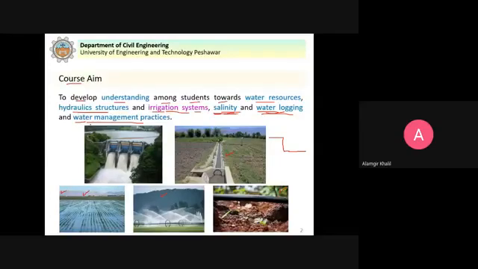It also means improving the infrastructure of these irrigation systems, which are in the form of weirs, barrages, canal outlets, cross drainage works, to improve their working and operation.